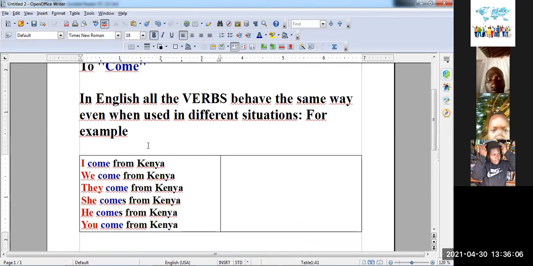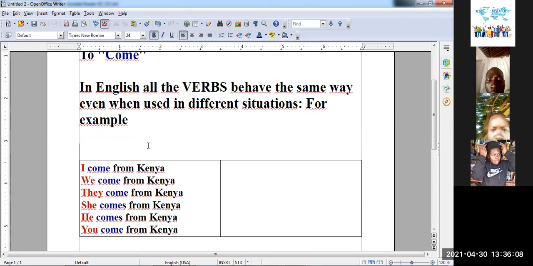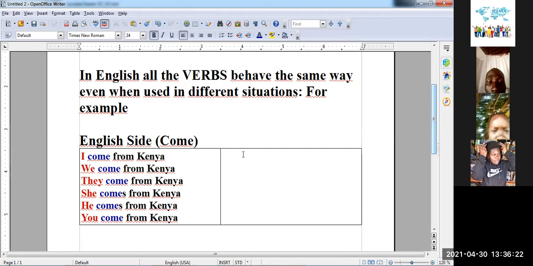This is the English side, using the verb come, to come. The German side is going to be here.